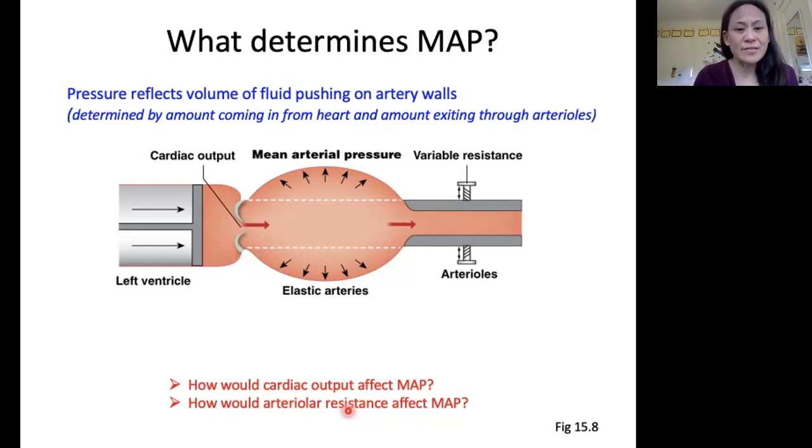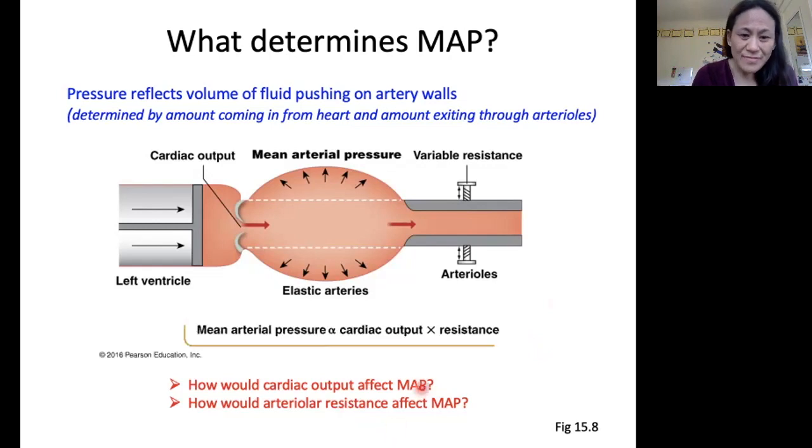So we have this mathematical relationship that describes how cardiac output and arteriolar resistance affect MAP. I don't expect you to know this or have this memorized, but I do want you to understand this relationship conceptually.